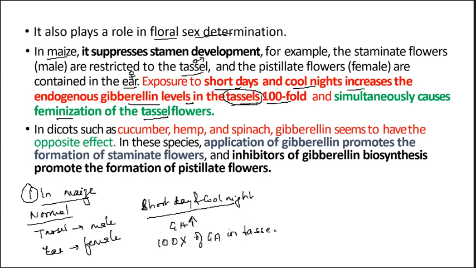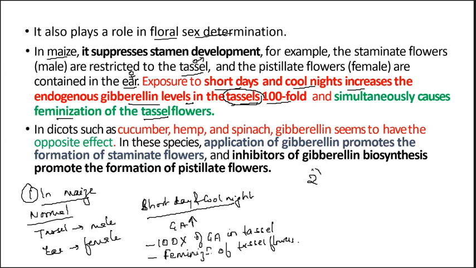As a result, there is feminization in the tassel. The tassel produces male flowers, but due to the 100-fold increase of GA in the tassel, it causes feminization of tassel flowers. So this is how they change the sex of the flowers.